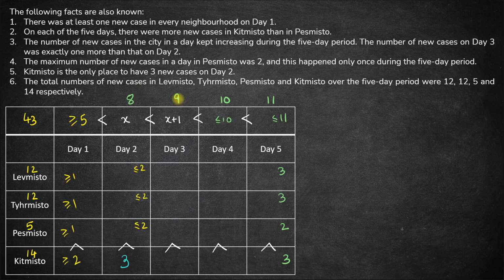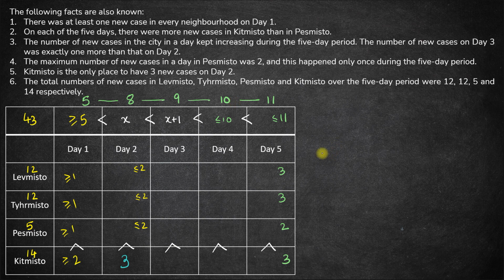And if this is 9, this is definitely going to be 8 because the difference between these two values has to be 1. So if we consider the maximum possible case for day 2 to day 5, the total number of cases that you get is 19 plus 19, which is 38. So 43 minus 38 is 5. So on day 1, we will get a total of 5 cases if we consider the maximum case over here.